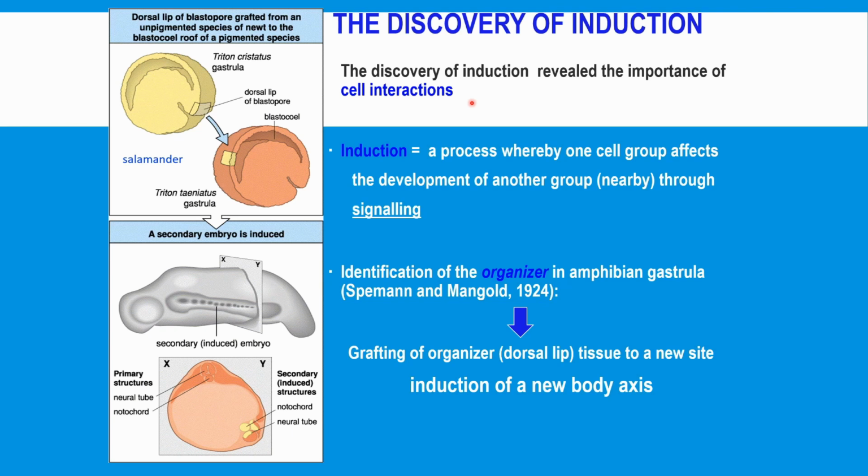One cell could induce a neighbor cell towards a certain differentiation to become a certain type of cell to fill in for the absence of that cell that was missing. So this is induction, a process whereby one cell or cell group affects the development of another group of cells nearby through signaling. Grafting as an experiment was very important here.